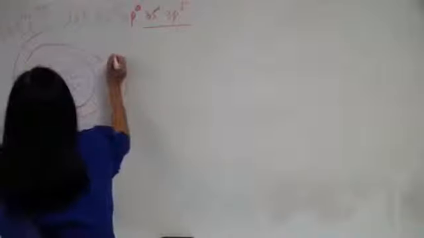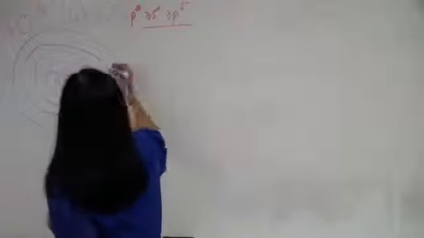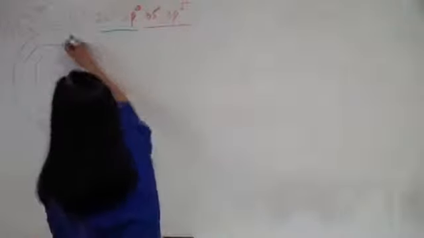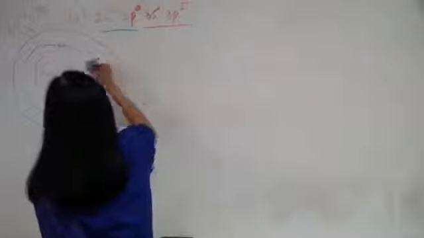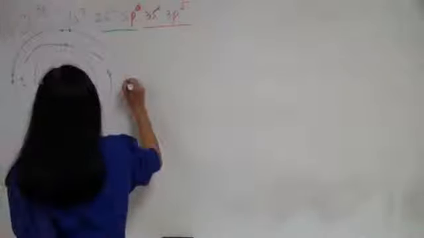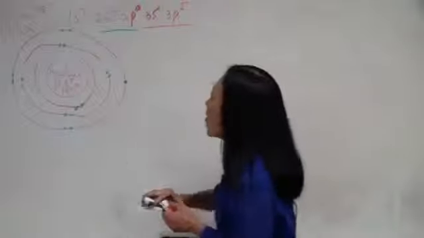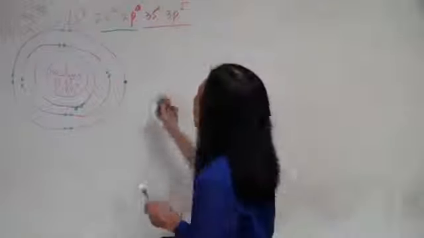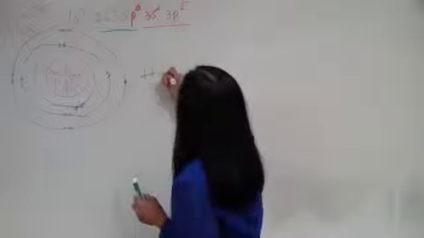The first shell has 2 electrons. The next shell has 8. Okay, so we have our 8 electrons here. And you notice that the outermost shell will have 7. Right? Okay, so we said for chlorine to be stable, it's easier for it to gain 1 electron, right?